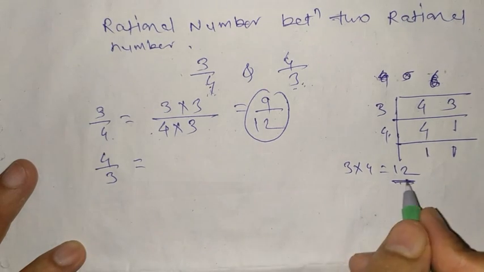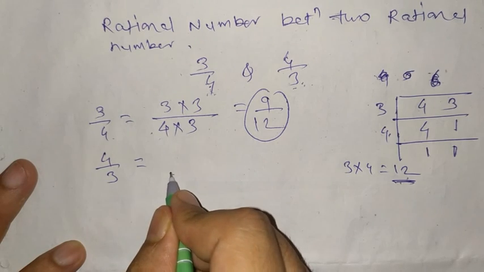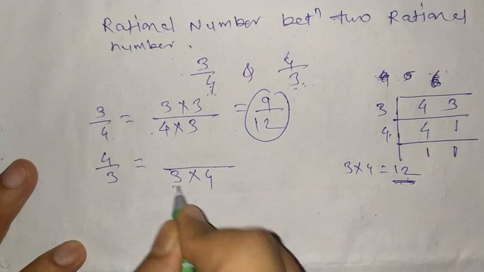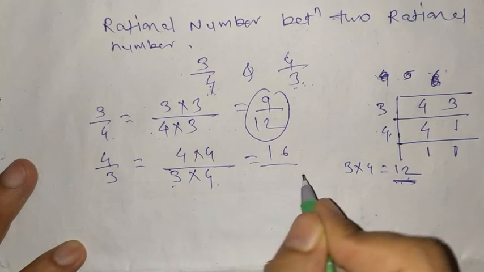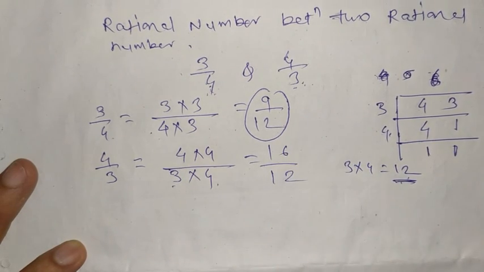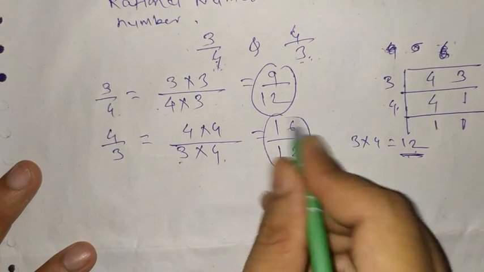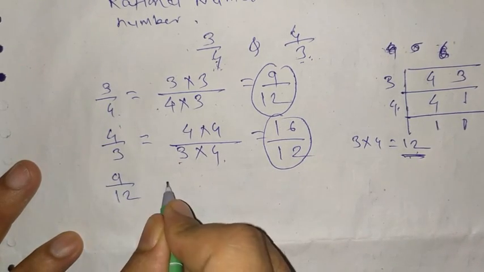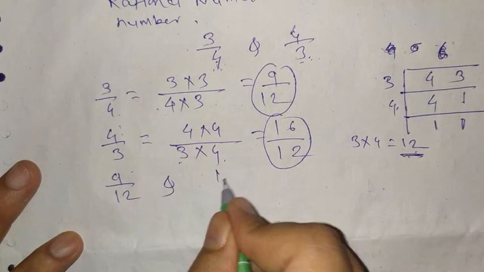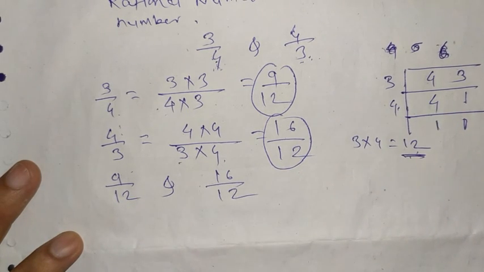For keeping the value 12, you have to write 3 into 4 is nothing but 12. So here 4 into 4, 16, downside 12 is there. So this is our second number. So 3 by 4 is nothing but 9 by 12, and 4 by 3 is nothing but 16 by 12.